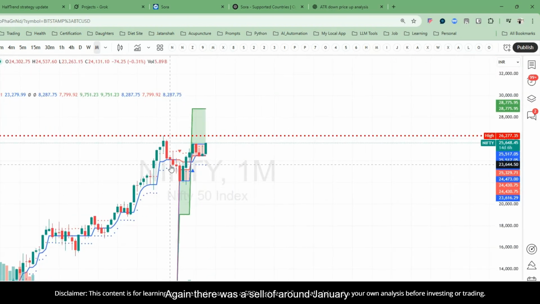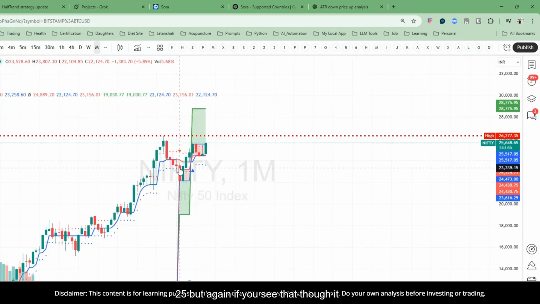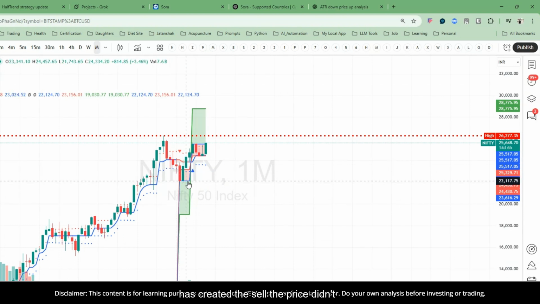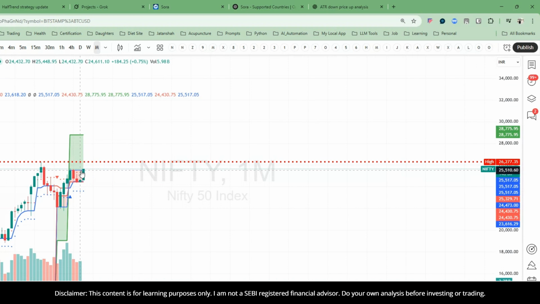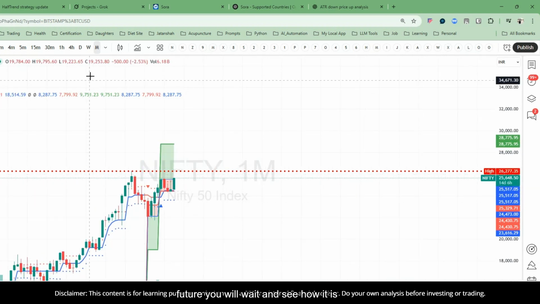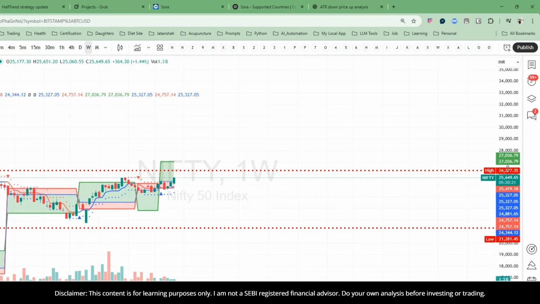Again there was a sell-off around January 25. But though it created the sell, the price didn't cross below this level, and now the buy has been created again. So now the monthly target is around 28,800. In the future, you will wait and see how it works.